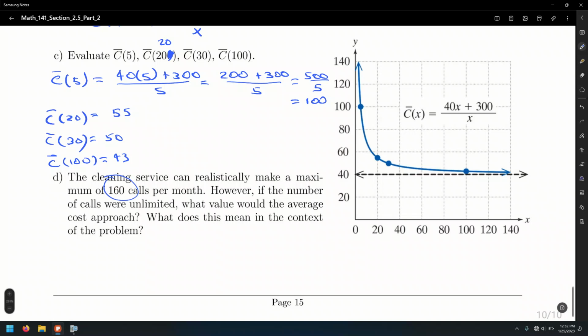That means that if the company were able to receive infinitely many phone calls, the average cost, which is distributed among these infinitely many phone calls and works at different homes, approaches $40.